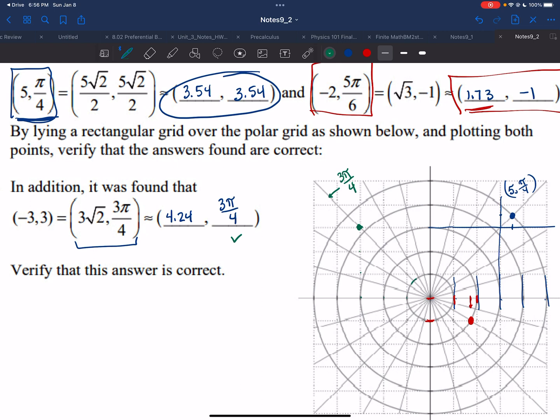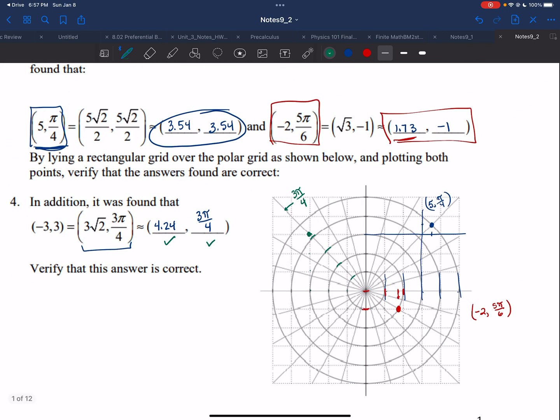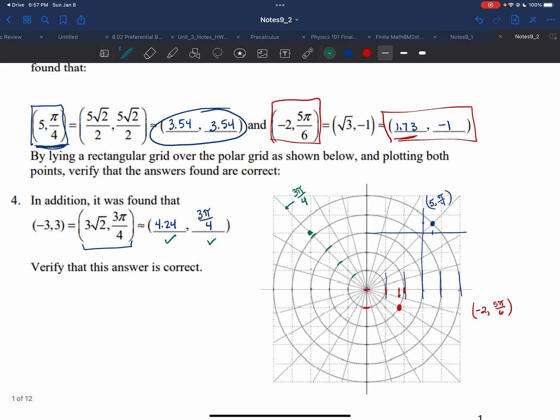And our ring is 1, 2, 3, just a hair over 4, maybe a quarter after. Sure is. Looks like it. So whether you're given the rectangular coordinate or the polar coordinate, as long as you know which is which, you can graph anything and it will actually work out on either grid depending on which one you're doing.